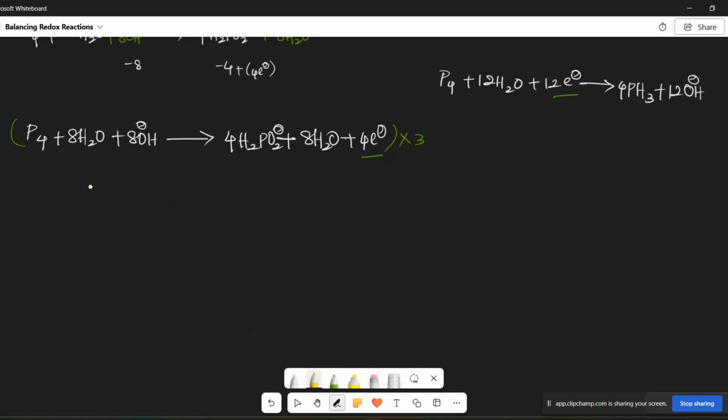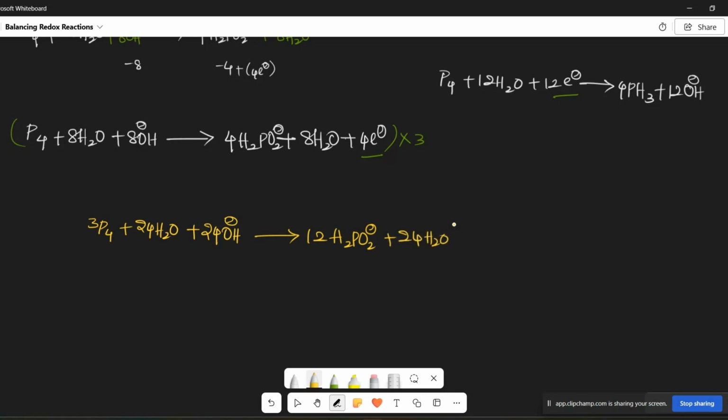What you'll get if you multiply by 3 over here: 3 times 8 is 24, plus 24 OH negative, and 3 times 4 is 12 H2PO2 negative plus 24H2O.